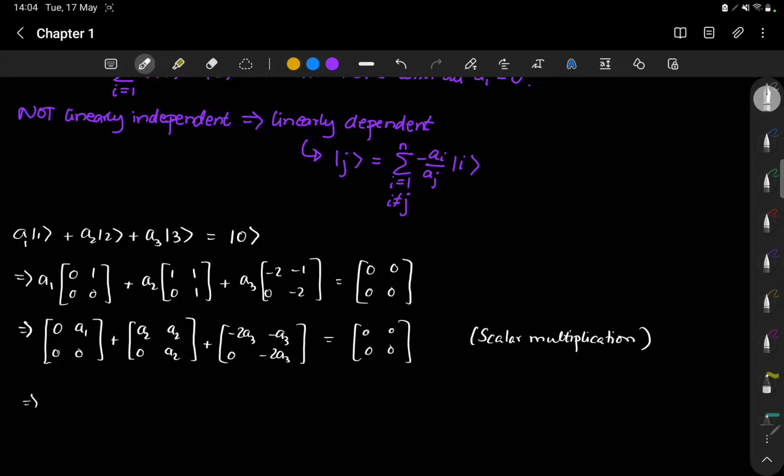Then we need to add these matrices by the definition of addition. So we would get this. We got this from the definition of addition.